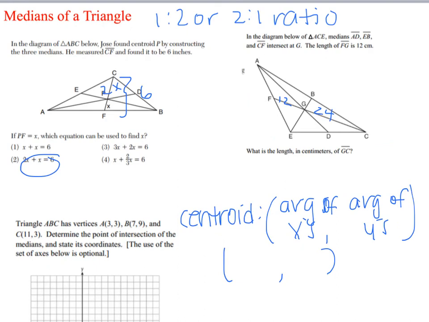So for the x's, look at the points they gave you. 3 plus 7 plus 11 is 21 over 3. The y's are 3 plus 9 plus 3, so 15 over 3. And when you simplify that, you should get (7, 5) as the centroid.